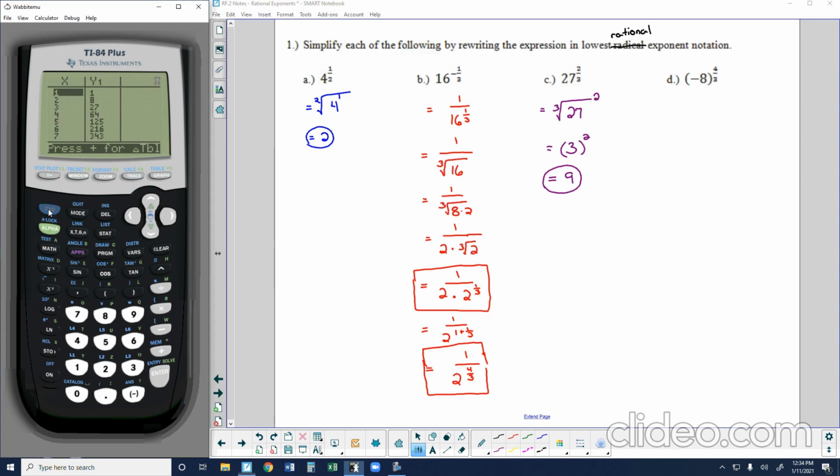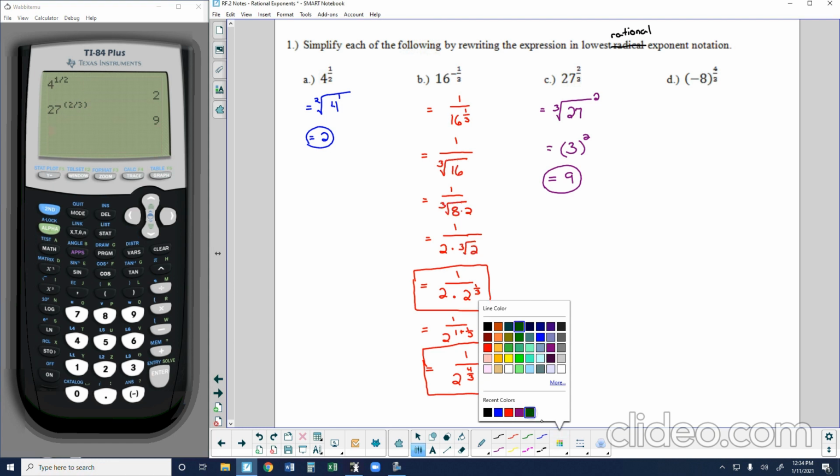Again, I could check that in the calculator. So if I did 27 to the 2/3 power, I would get the response 9. So if you need to, you can break that down into a radical so you can visualize that process, and then put that back into a whole number using the exponents.